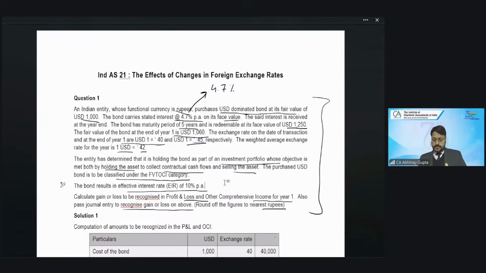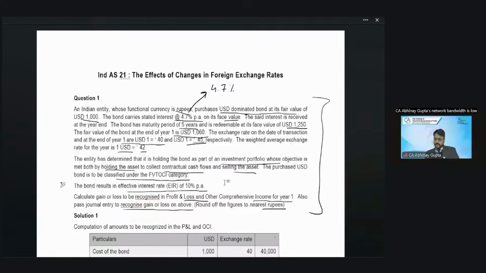Investment in bonds, 47,700 minus 40,000, it's 7,700. Bank account, interest received 2,643.75, to interest income 4,200, to exchange gain 5,300, to OCI 843.75.